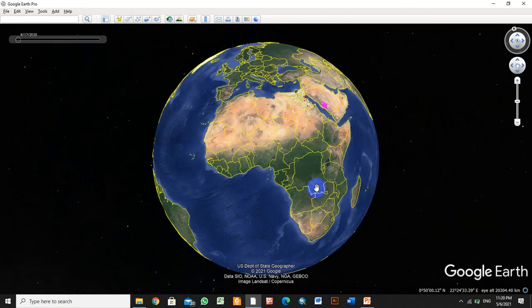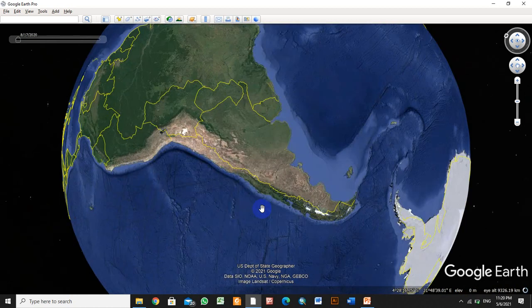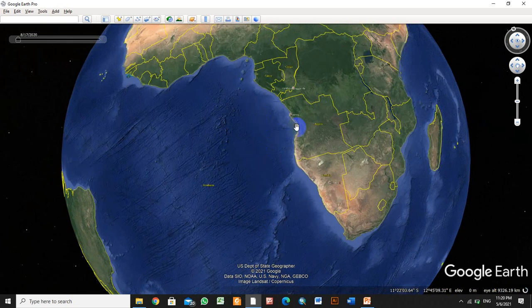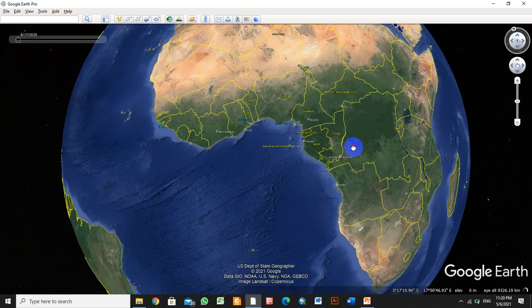Actually, the African continent ends here in the middle of the Atlantic Ocean, not at the coastline of Africa, because this part of Africa is a continental part, and this abyssal part of the Atlantic Ocean is moving in the same direction, almost the same way, towards east.